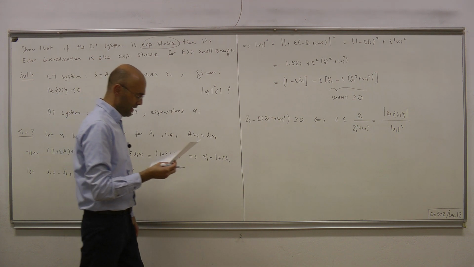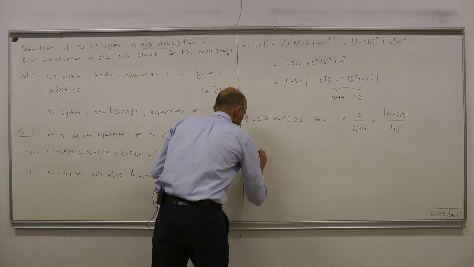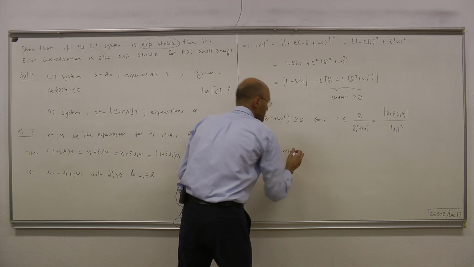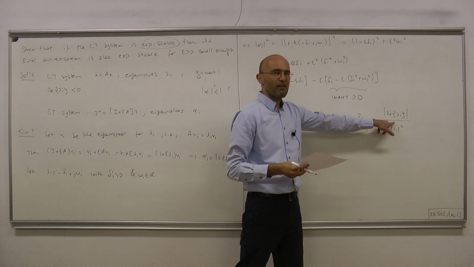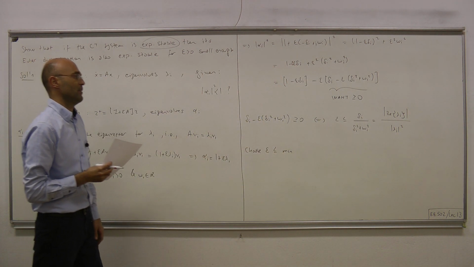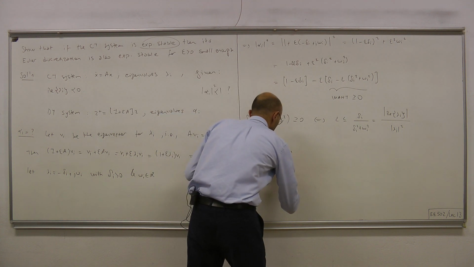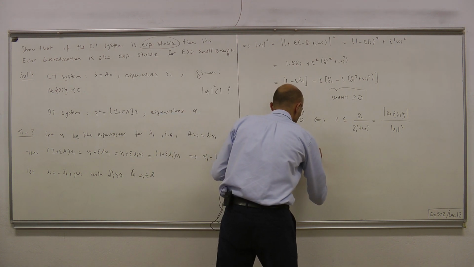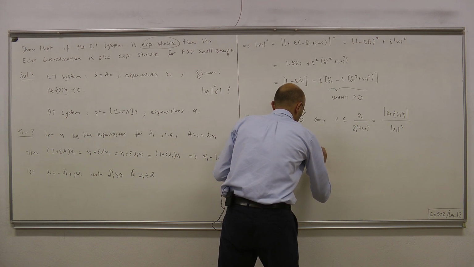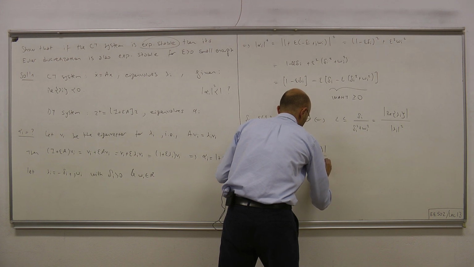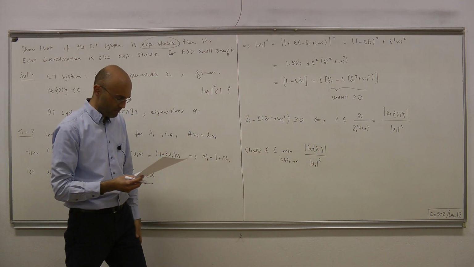Okay. Now, by choosing epsilon smaller than this fraction for all indices I, or for all eigenvalues of A, I equals 1 to n, the real part of lambda I divided by lambda I magnitude square.